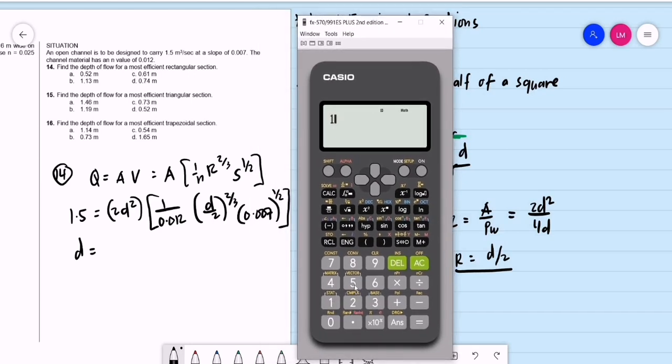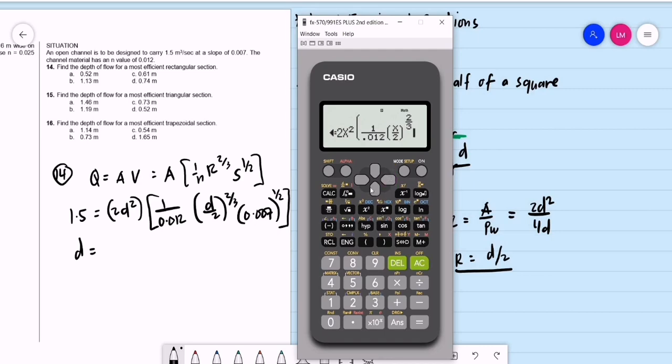That is, we have 1.5, that will be equal to the area of the most efficient section, 2 of, let's say, d squared, or 2 alpha x on our equation, multiplied by the reciprocal of the roughness coefficient, 0.012. Then multiplied by the hydraulic radius, that is simply the depth over 2, let's say alpha x over 2. And then this is raised to 2 over 3.